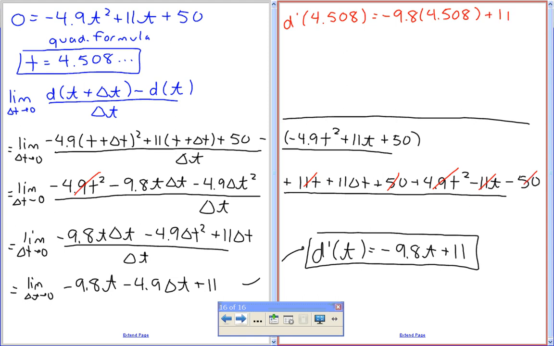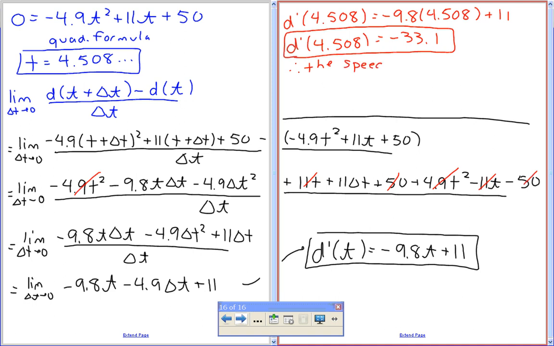I got a speed of approximately negative 33.1. Therefore, the speed of the pumpkin is negative 33.1 meters per second. You can say 33.1 meters per second down.